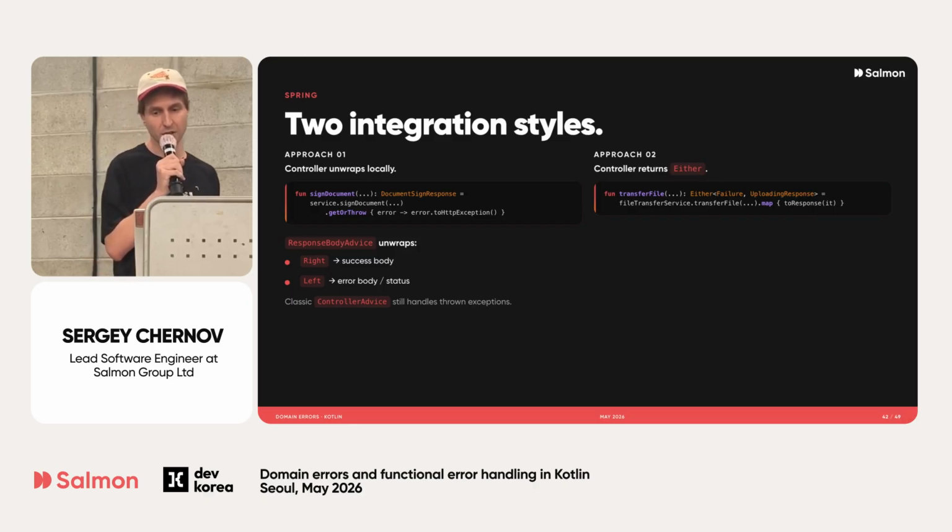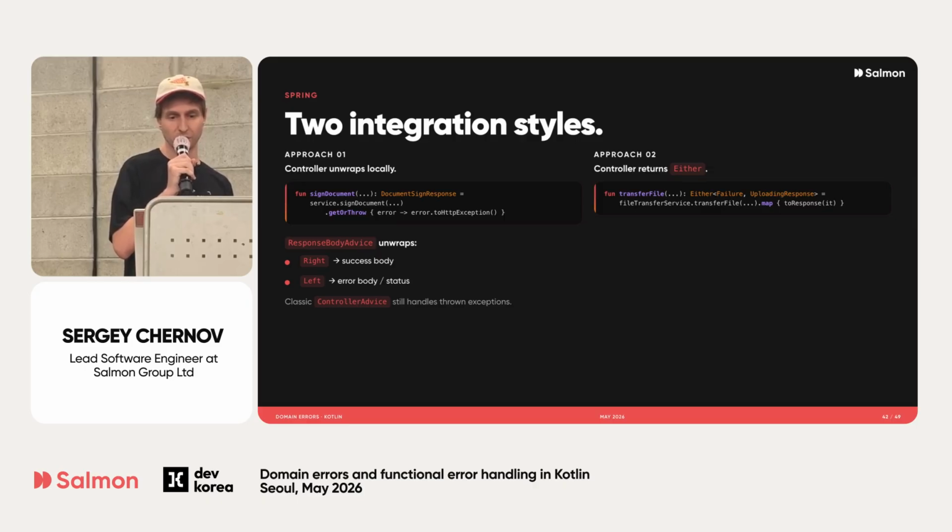The first one: you return the Either from the service layer, and inside the controller methods you just throw, mapping the business failure type into a custom runtime exception. In Spring, the common approach is to define a custom runtime exception and a controller advice global exception handler, which catches the runtime exception and maps it to the proper HTTP response. This approach will work, and you don't need to change too much.